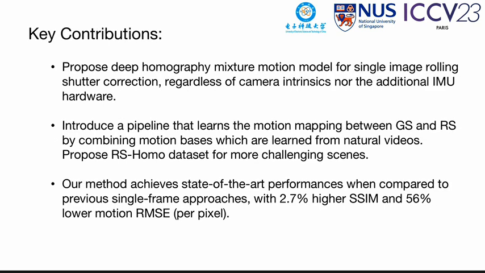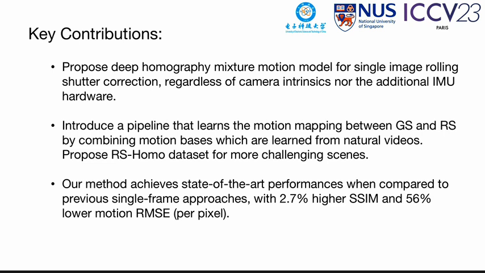The key contributions of our work are stated as follows. Firstly, we propose deep homography mixture motion model for single image rolling shutter correction, which does not need camera intrinsics or additional IMU hardware.